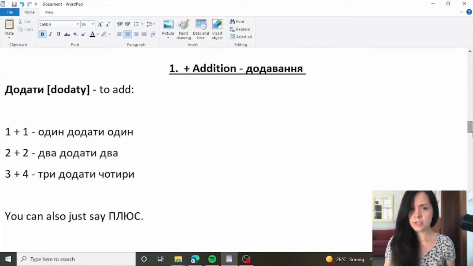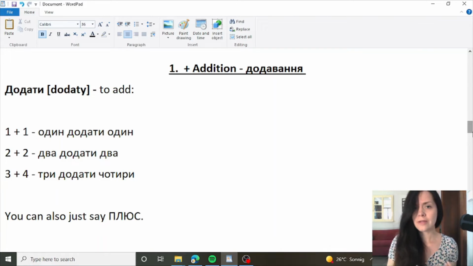So the action of addition, of adding one number to another one, in Ukrainian is called додавання. And the verb to add is додати.